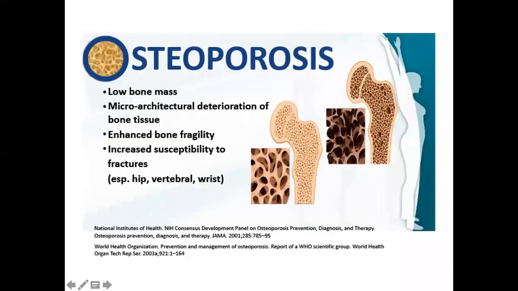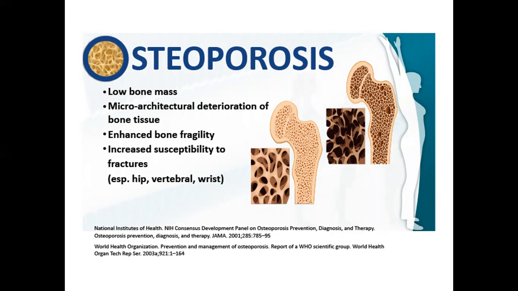So what is osteoporosis? Osteoporosis is a condition where you have low bone mass as well as microarchitectural deterioration of bone tissue. Because of this, there is enhanced bone fragility resulting in increased susceptibility to fractures.